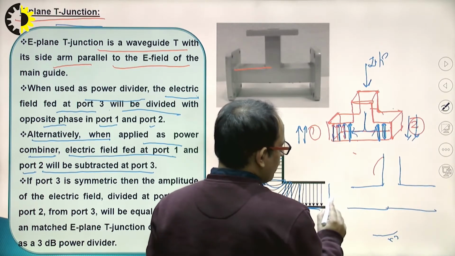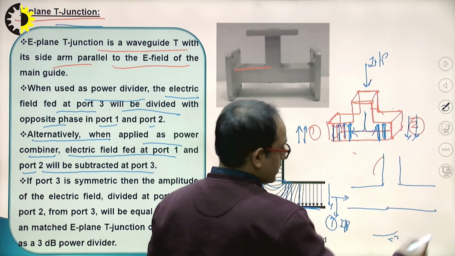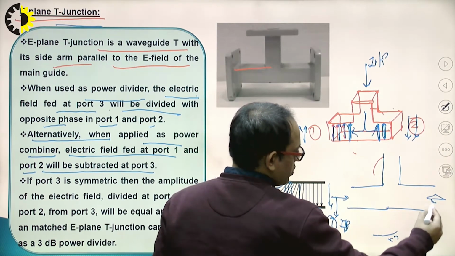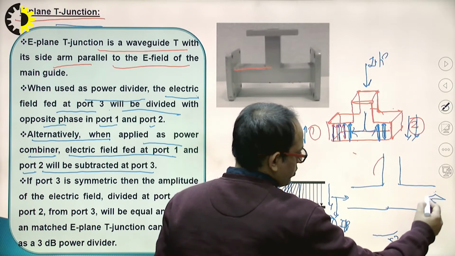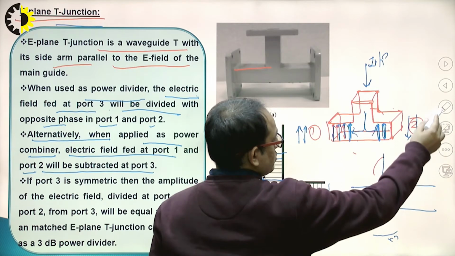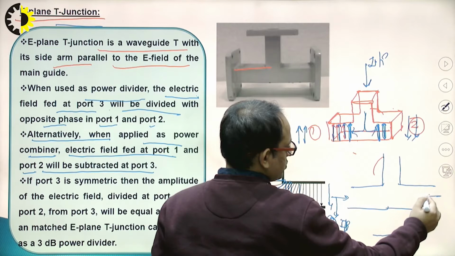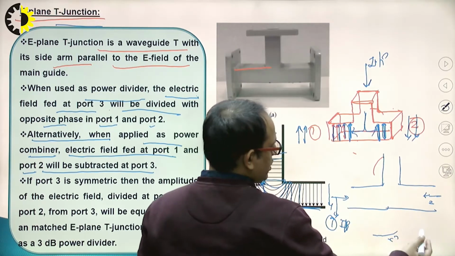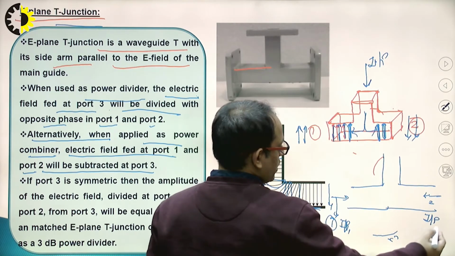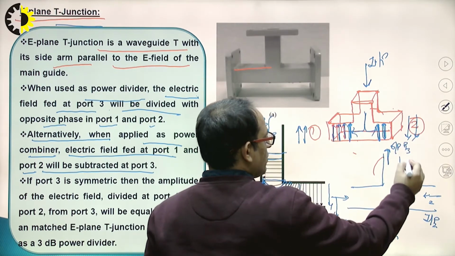Now see, if port number 1 acts as input 1, and at port number 2 there is another input, then the output at port number 3 will be what?